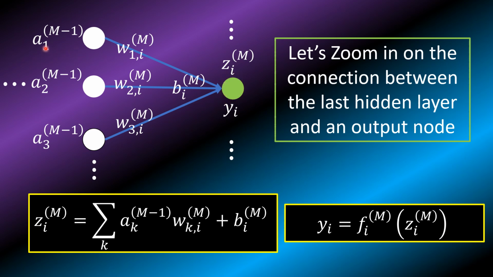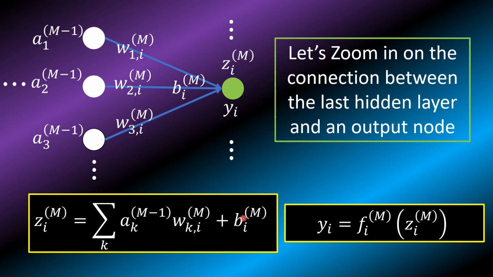Once again, we have A1, A2, A3 activations of these neurons in the last hidden layer, and these activations are going to send a signal to the ith neuron in the output layer, and we're going to get a weighted sum of those activations in accordance with the weights, plus the bias term over here that corresponds with the ith neuron in the output layer.